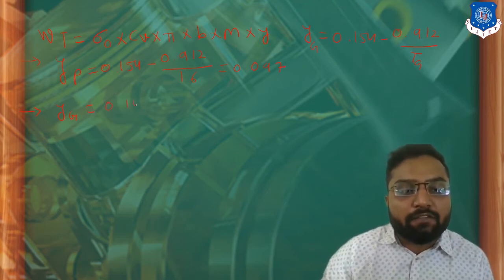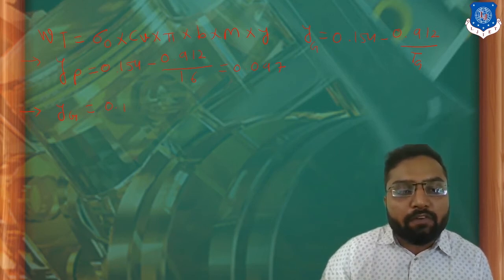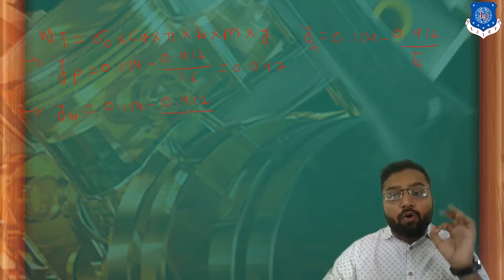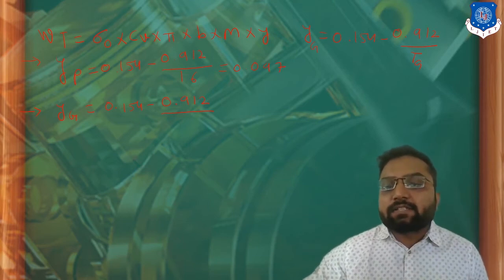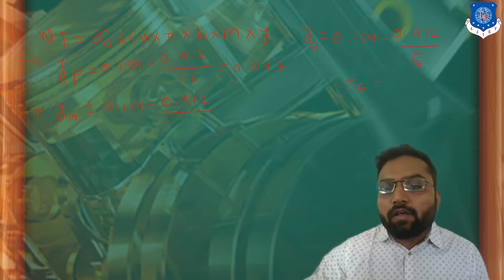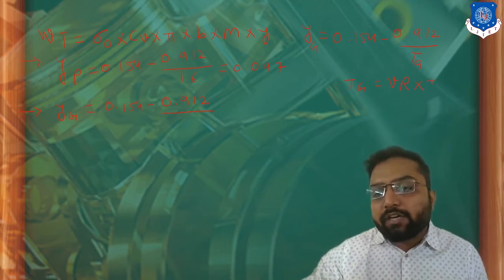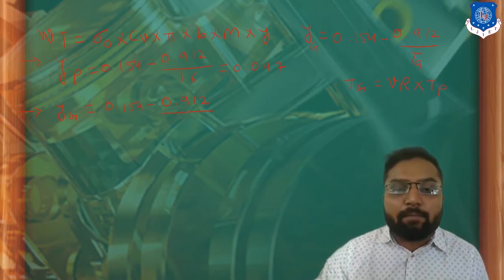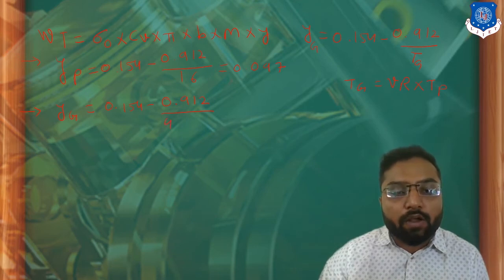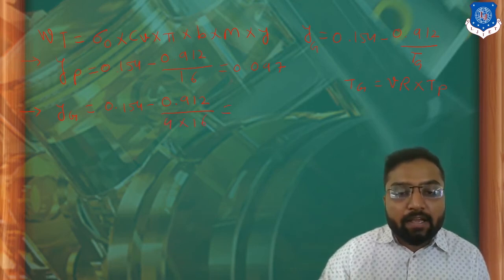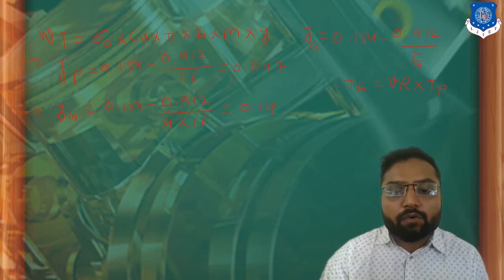So 0.154 minus 0.912 divided by TG. TG, in terms of velocity ratio, is velocity ratio into TP, which is 4 into 16 ... ultimately it is 0.14.